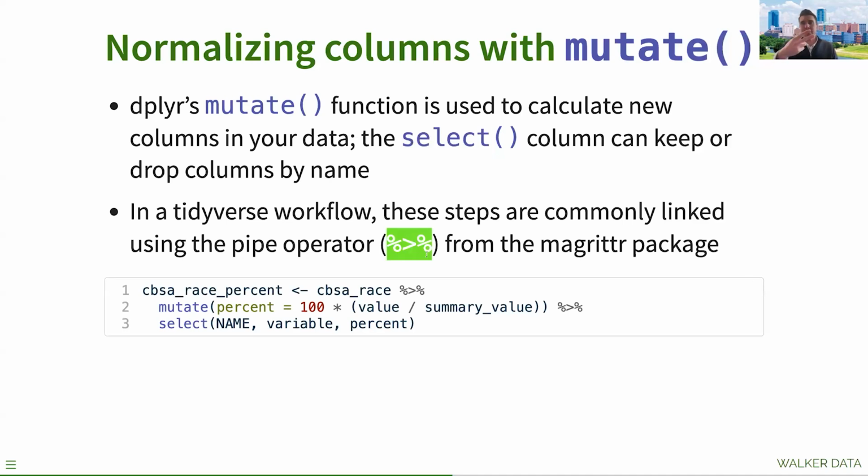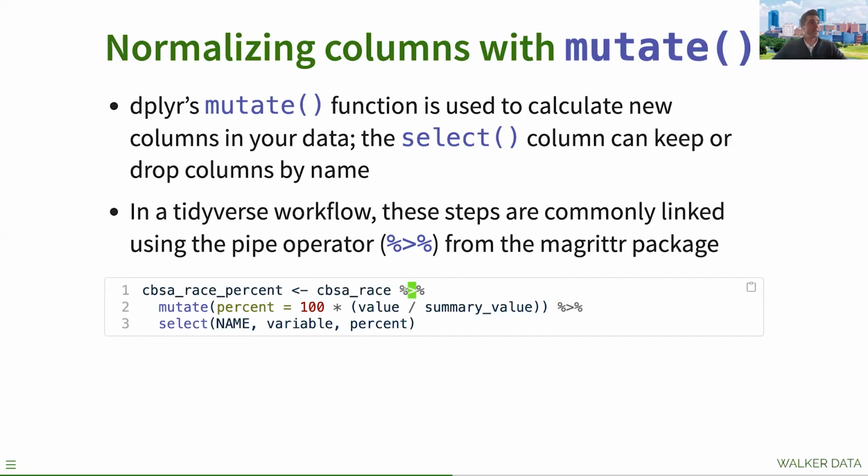There are two different pipe operators in R. This one is the one that's been around for a long time, and it's percent sign, greater-than sign, percent sign. You can read that as the word "then." So you're basically saying, make me a new data set called CBSA race percent, using our assignment operator here in R, starting with my CBSA race data set.